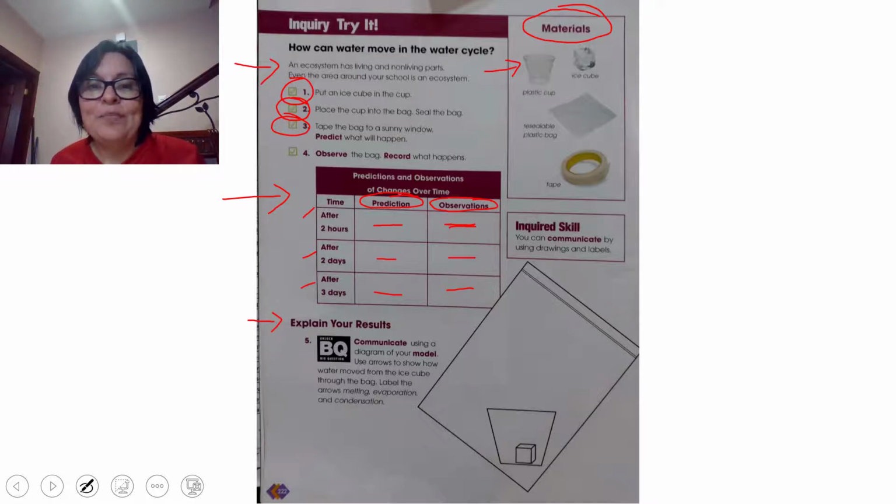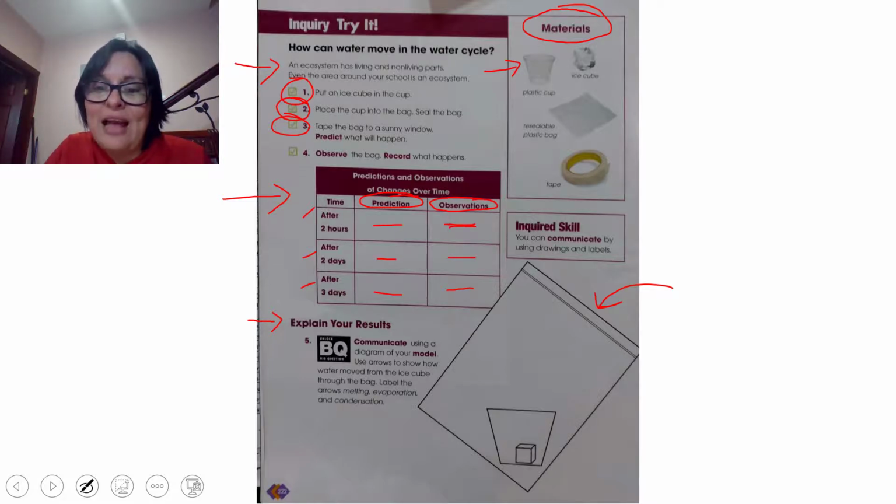Number 5 says, communicate using a diagram. So you are going to use this diagram that you have in here. Your model. Use arrows to show how water moved from the ice cube through the bag and label the arrows melting, evaporation, and condensation.